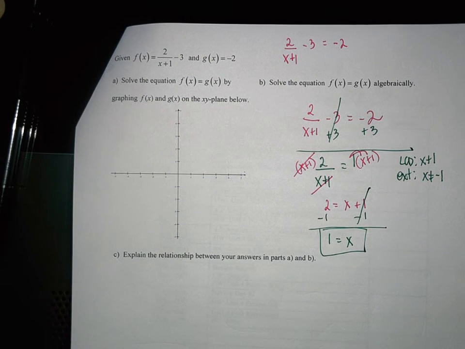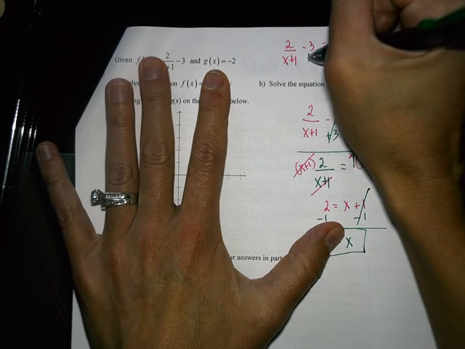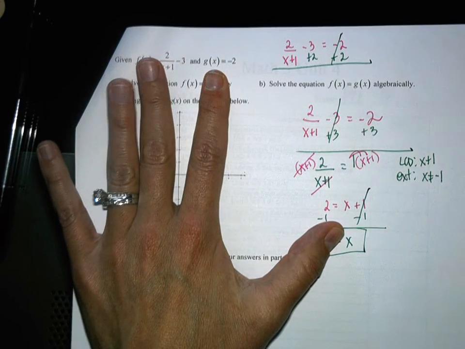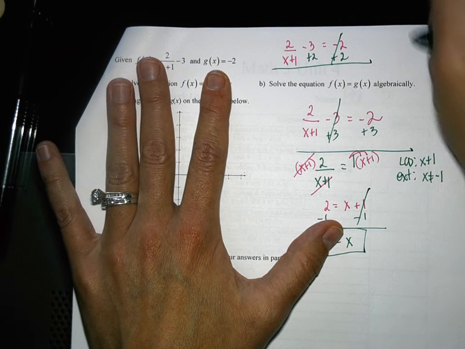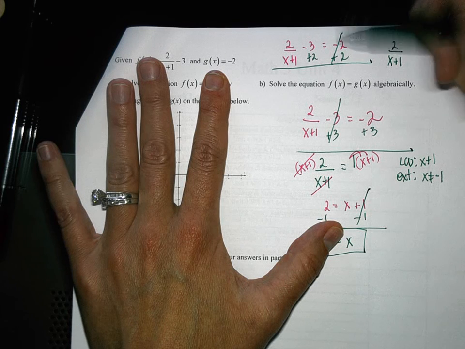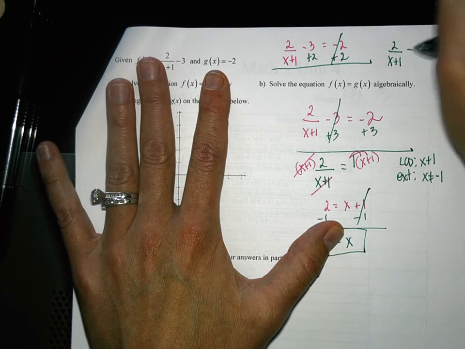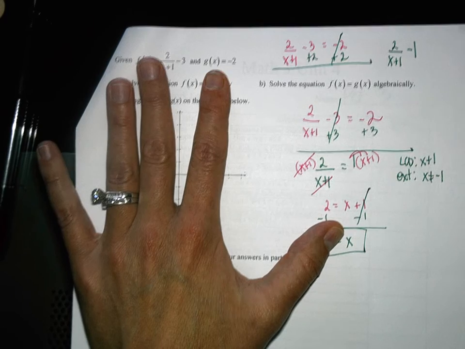Probably 0, okay? Exactly, we are going to add 2. So when I do that and I rewrite it, I have 2 over x plus 1, and then what is negative 3 plus 2? Negative 1. And we can put equals 0 or equals y.